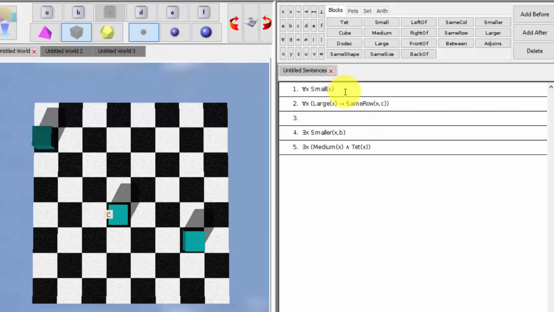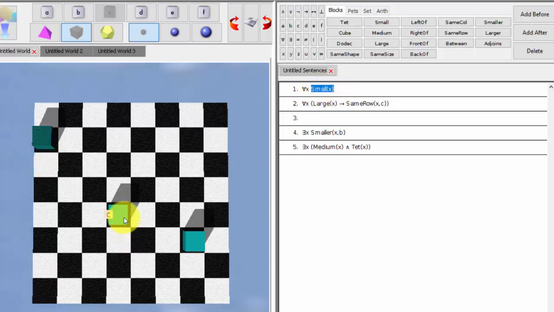The first sentence says that for all x, x is small. Since it's the universal quantifier, in order for it to be true, all three of these objects need to satisfy this well-formed formula.